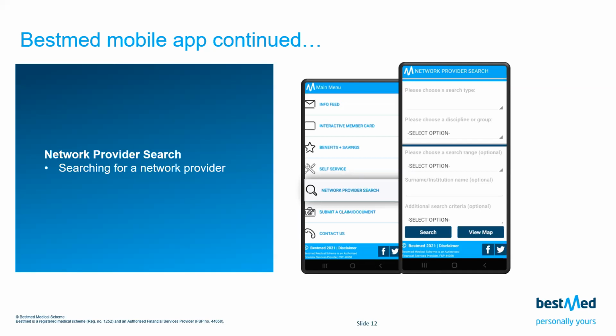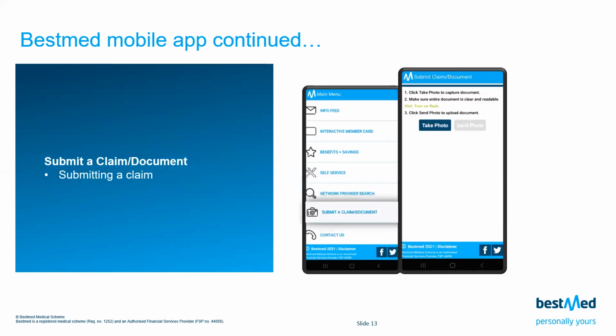And then you will lastly select the criteria on which way you want to search for the provider, which will be if you want to search on the map or by the address.